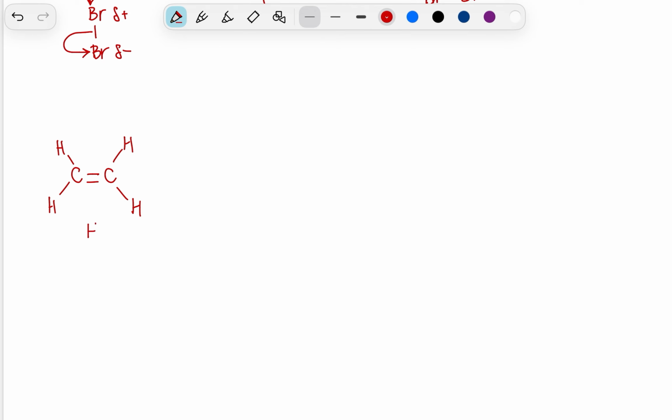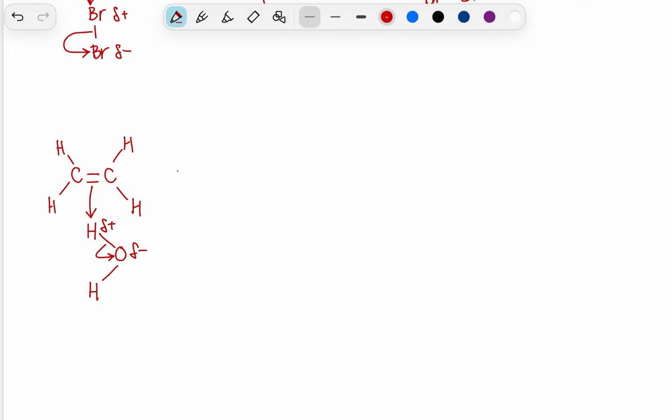Again, the C to C double bond induces a dipole on this OH bond, so you're going to have delta positive there, delta negative there. The arrow goes from the middle of the C to C double bond again, and this O to H bond has to break. Here, be careful, you need to show breaking of the OH bond from the middle, and the electrons go to the oxygen.